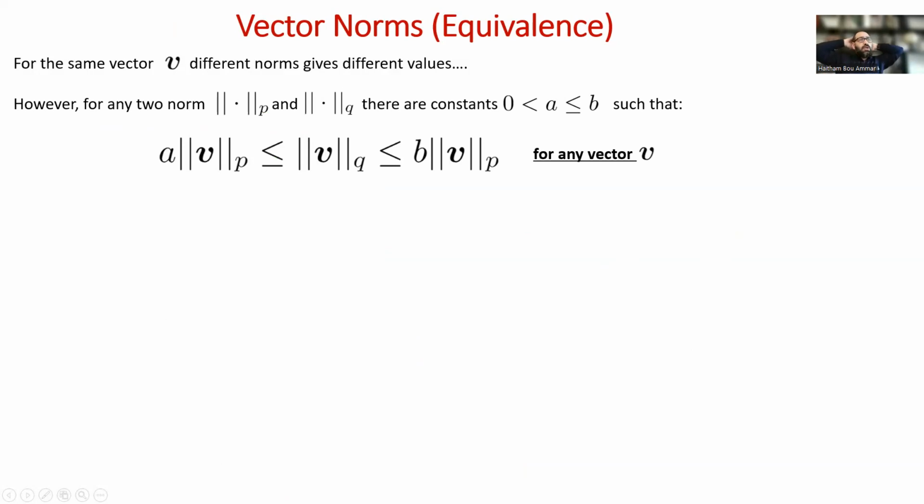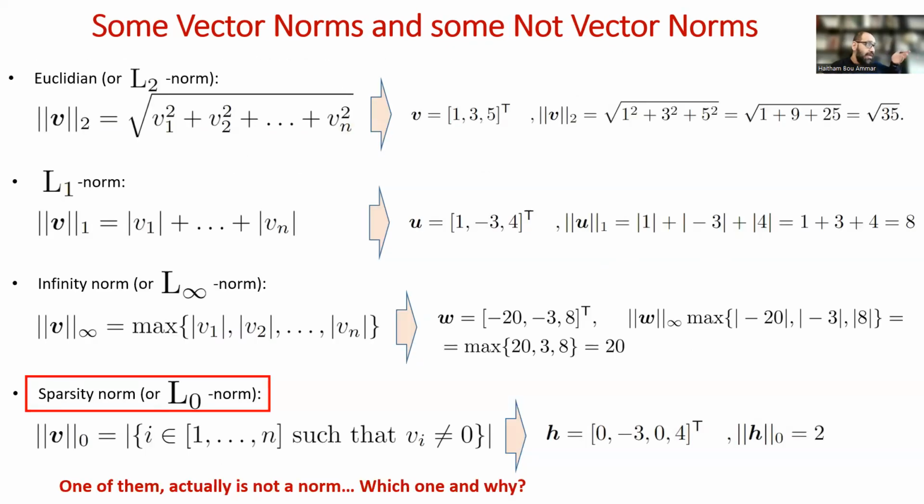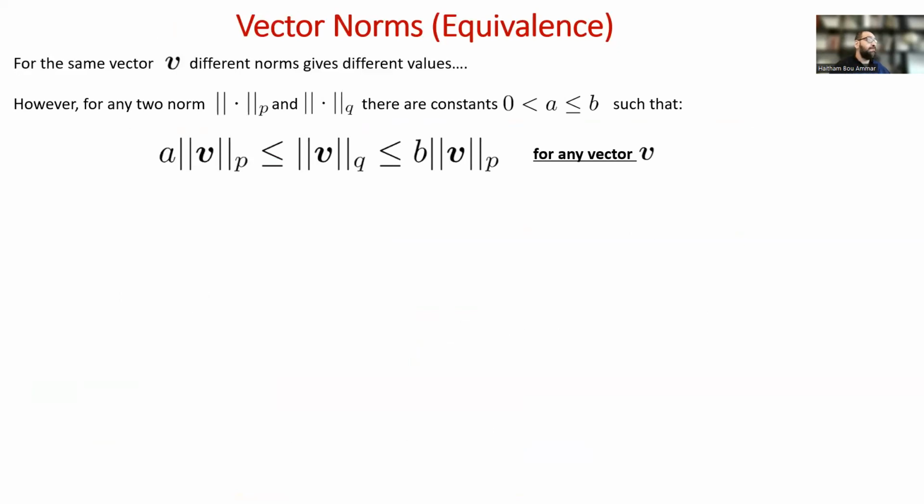Now there are relations between norms of vectors. For the same vector V, we could define different types of norms. As you saw here, for that vector V, I can define an L2 norm, an L1 norm, an L infinity norm, an L0 norm, and maybe other norms. So there's an equivalence relationship between these norms.